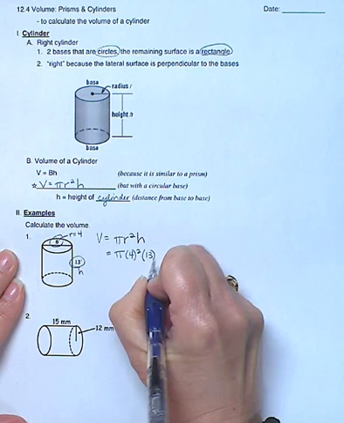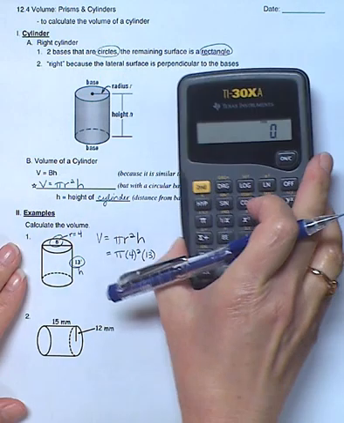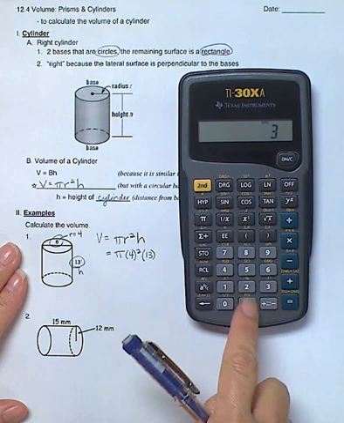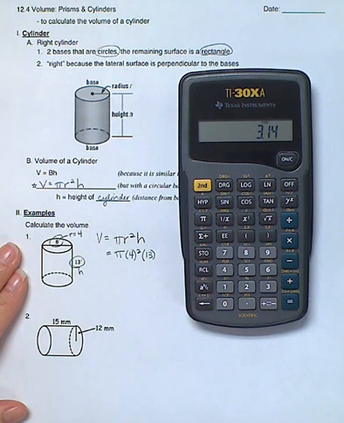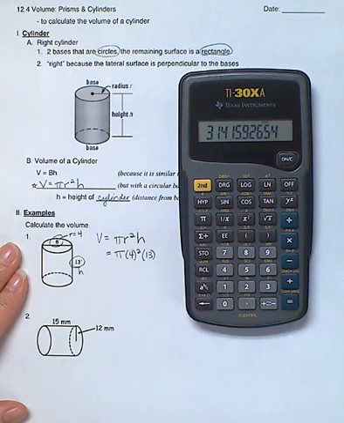We talked about this in a previous lesson when dealing with pi, with circles, that you can either use the pi key or you can type in 3.14. Now 3.14 is not as accurate as pi, because pi, the button, is 3.141592654, or at least that's what we can see. It continues to calculate. So this is a more accurate answer, and this is the one we want to use.